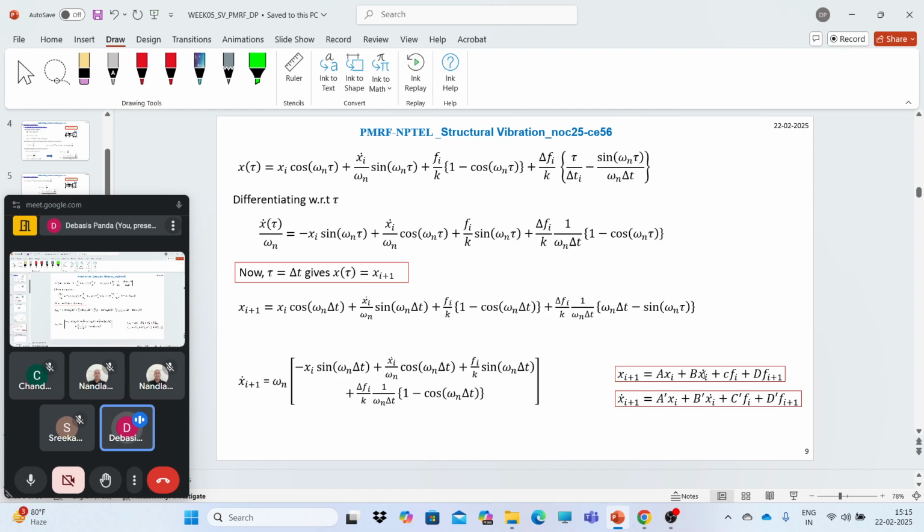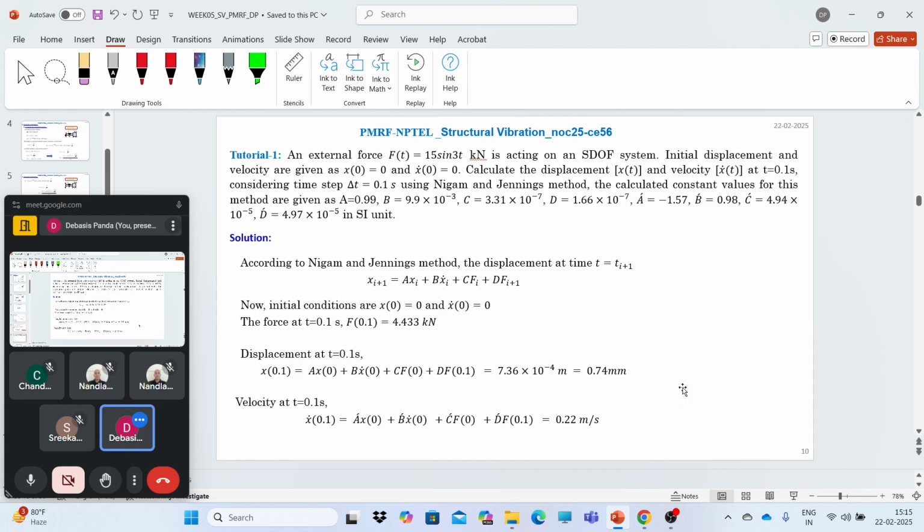To solve any kind of system, we need the displacement at the ith point, the velocity at the ith point, and the forcing function at the ith point and the i plus 1 point. If we can compute a, b, c, d and a prime, b prime, c prime and d prime, we can easily solve the responses at time instant i and i plus 1.